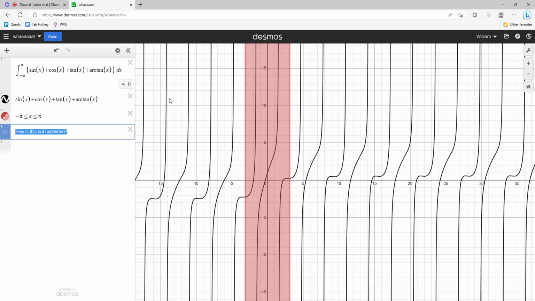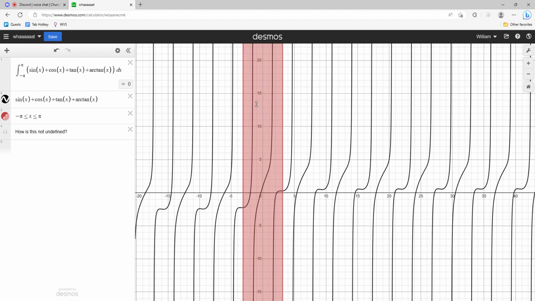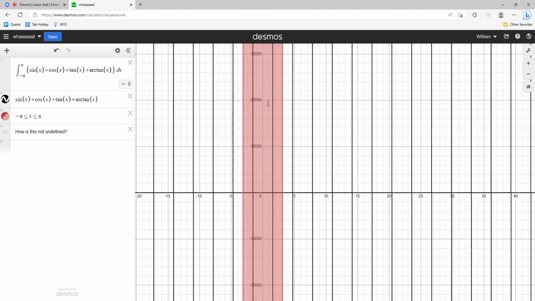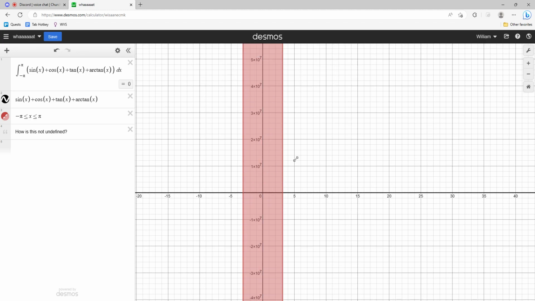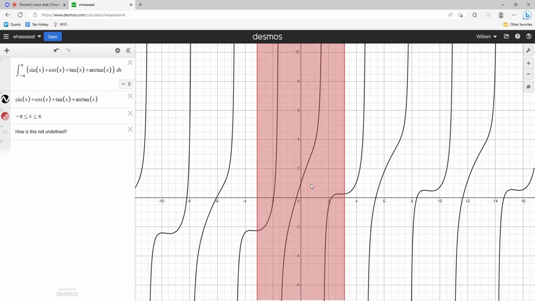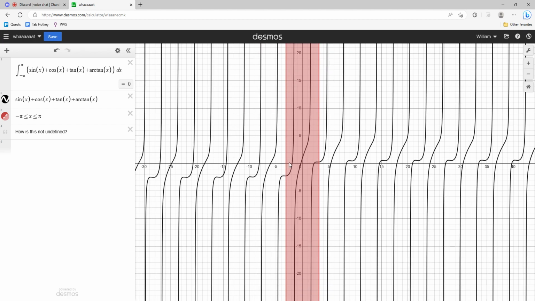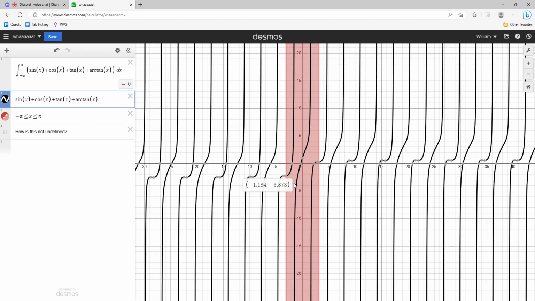Let's see, the integral equals 0. It's from negative pi to pi. Does this have an asymptote? It definitely looks like it. Maybe this is an error. You can't... Wait, how is this not undefined? Like, you can't do an asymptote like that and get an area.